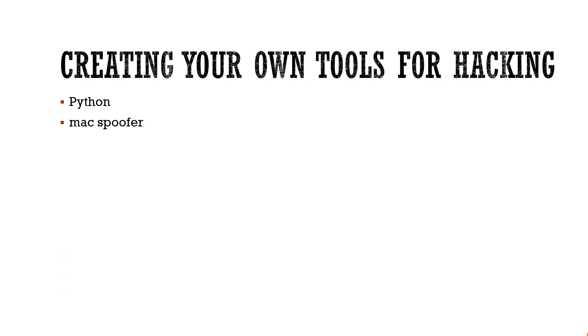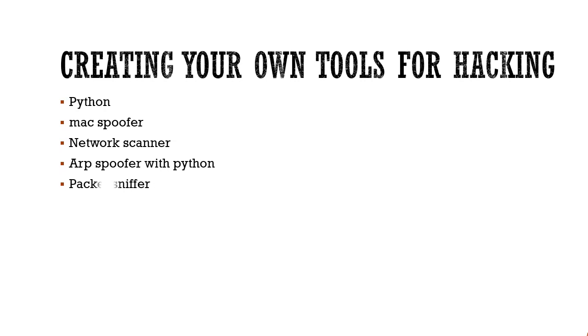The MAC spoofer is going to be our first program that is kind of hard. After that, we will go with a network scanner. We will create our network scanner and then an ARP spoofer with Python, a packet sniffer, and after we create our ARP spoofer, we will go with an ARP spoofer detector.